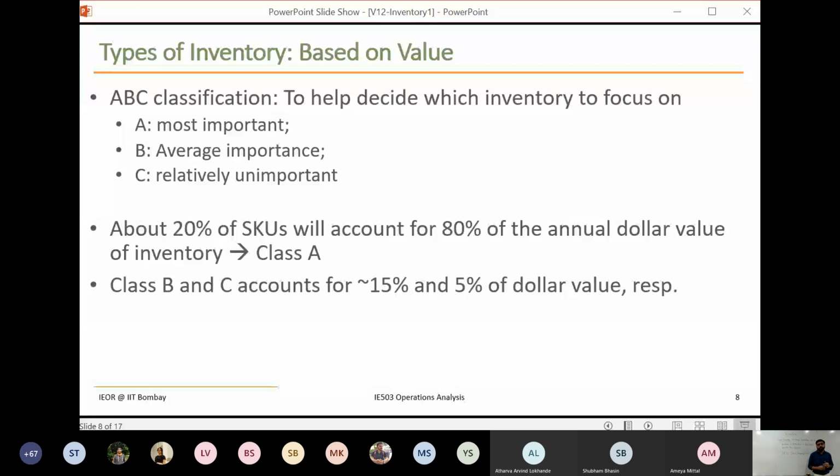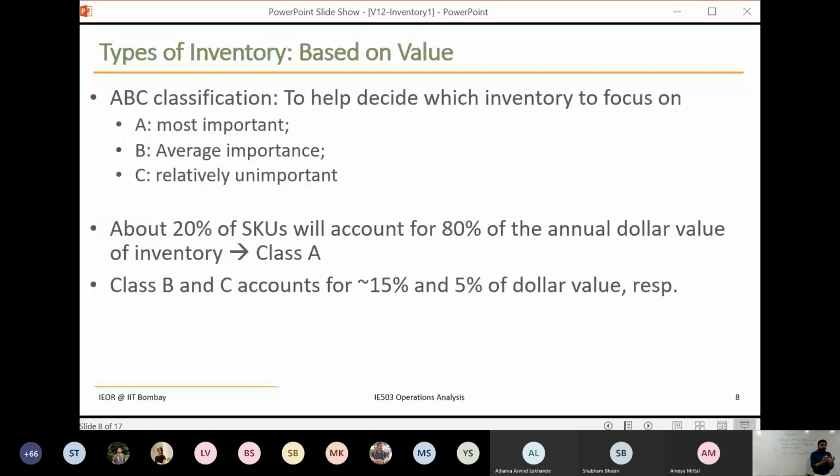Why it is useful is that, based on this, we can decide that for type A, I need to manage my inventory better, know exactly what its level is, so that I reorder and ensure sufficient quantities of item A, because item A accounts for 80% of my money value.